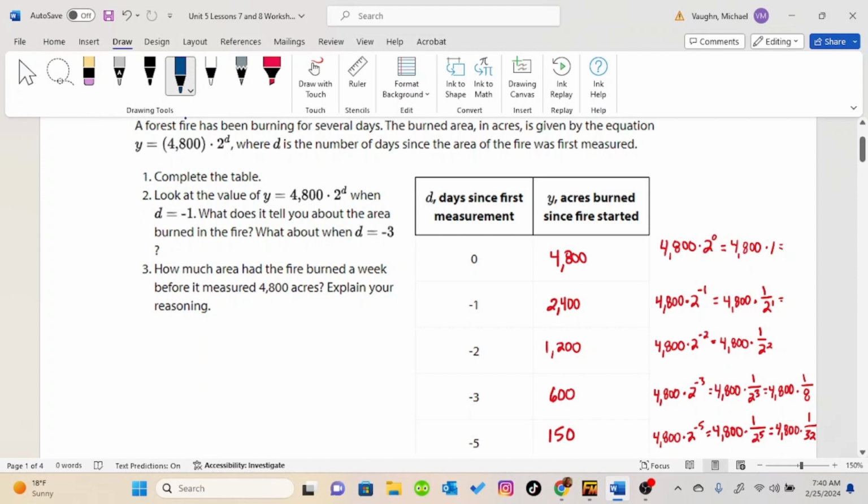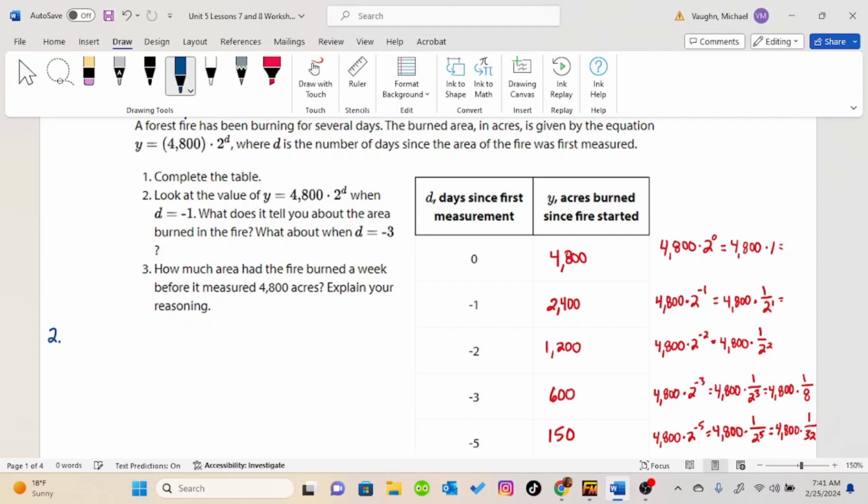Number 2, look at the value of y equals 4,800 times 2 to the power of d when d equals negative 1. What does it tell you about the area burned in the fire?